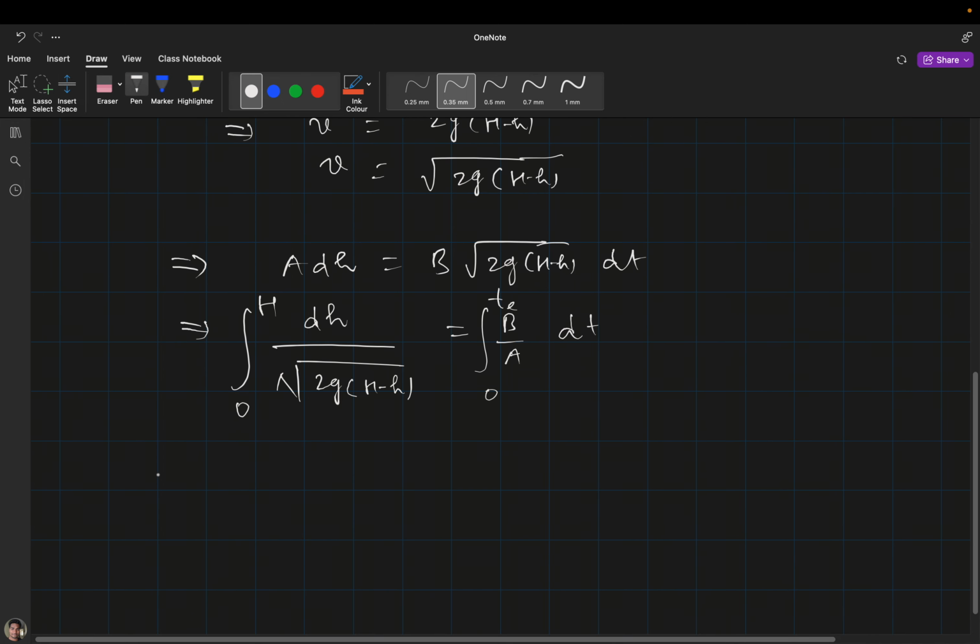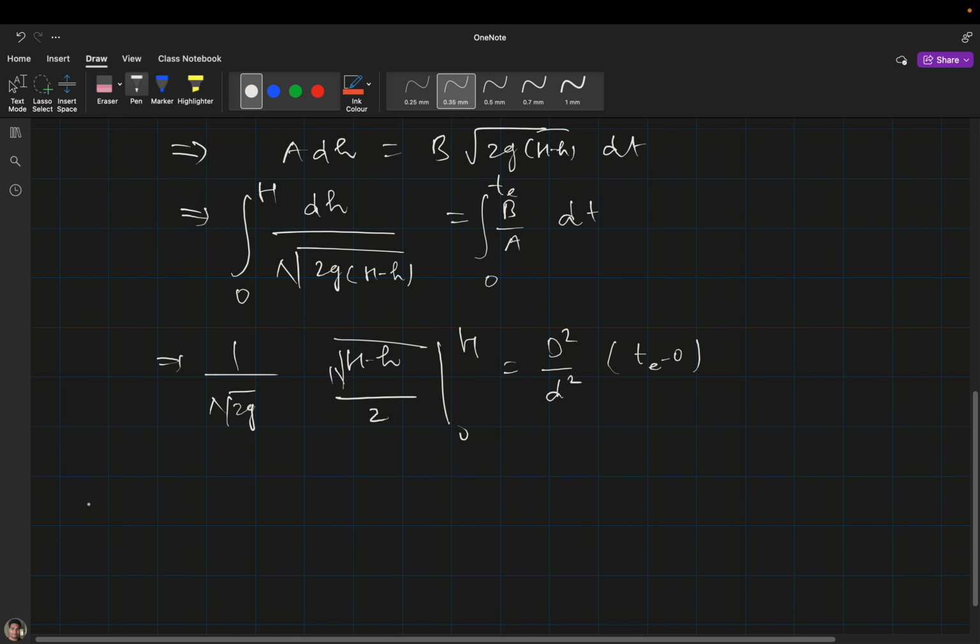So this will be, take outside 2g. Now it will be H minus h square root divided by 2, from 0 to H. Suppose it's a circular cross section, then it will be capital D square by small d square, times te minus 0.